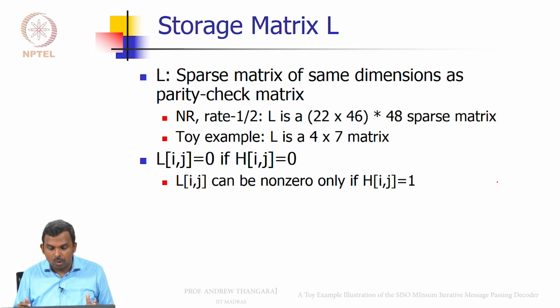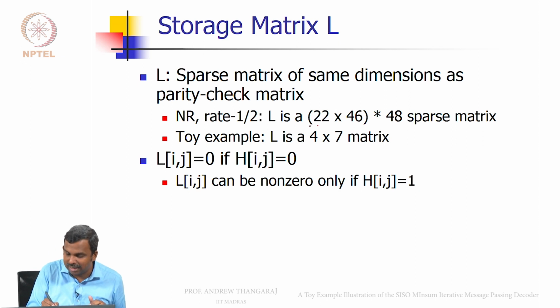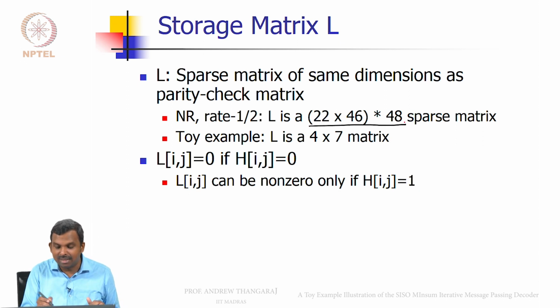If you take, for instance, the New Radio or 5G standard rate half code, L will be a 22 by 46 times 48 sparse matrix. This is just an example, it could be of this size or any other size, and the toy example is just 4 by 7. I am sorry, I think I said it is 4 by 8, but this parity check matrix is 4 by 7.